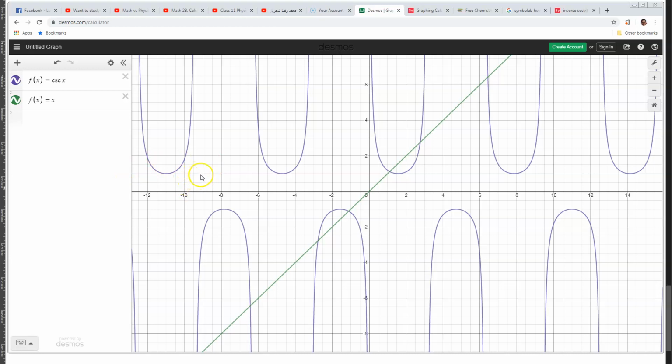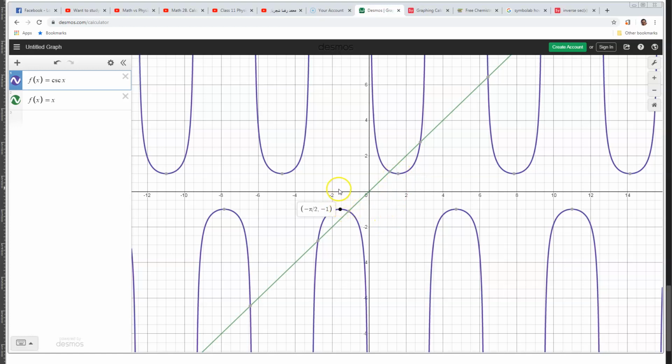So here I have this point negative pi by 2 comma negative 1, and this point over here is pi by 2 comma 1, right?